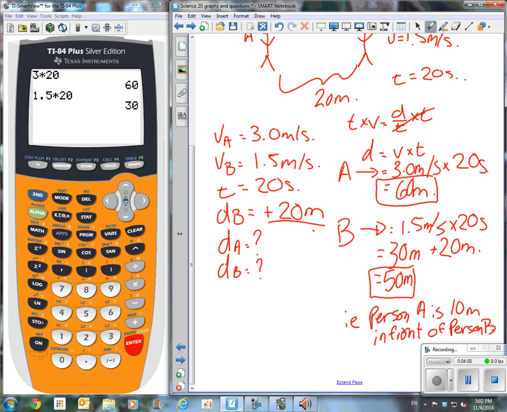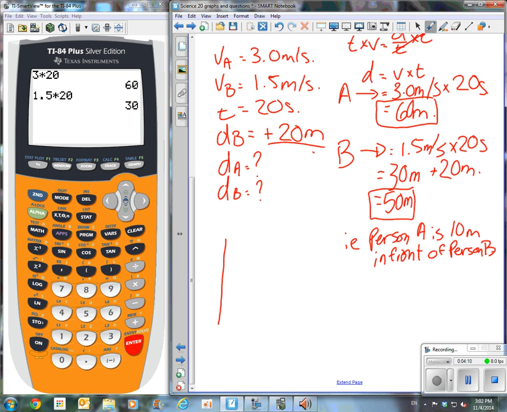Now, if I was to draw a displacement versus time graph, this was person A's line. Person B would be starting 20 meters ahead, and their slope would not be as steep.